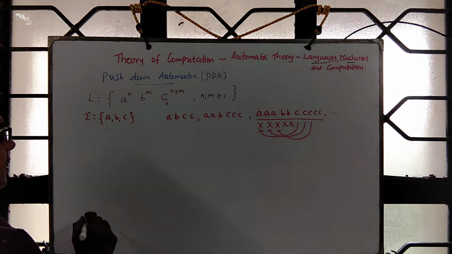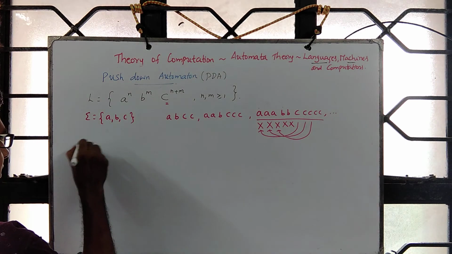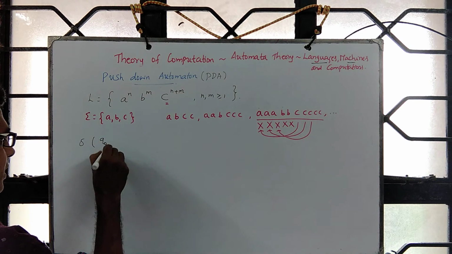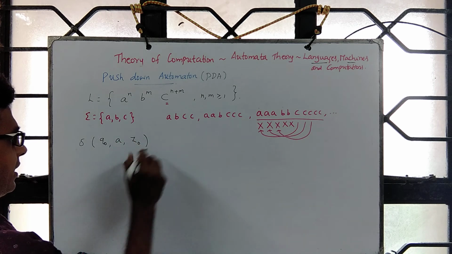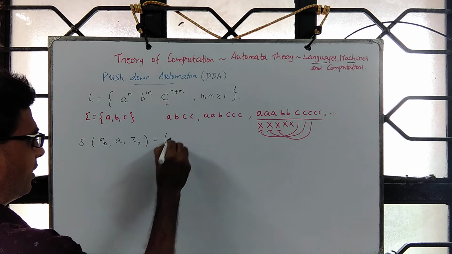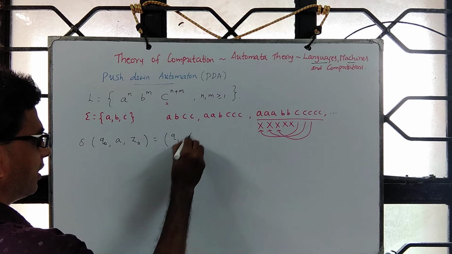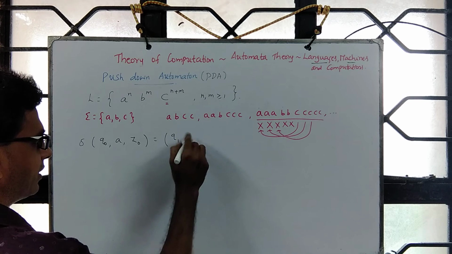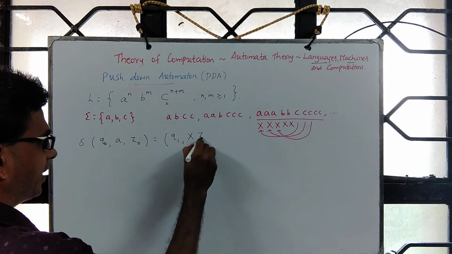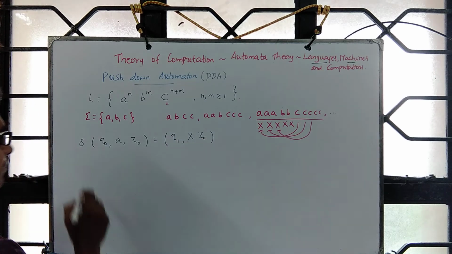Fine. And let's implement this design. Delta of Q0 comma A, start symbol is Z0. Then we go to Q1 and we push, in this case say X followed by Z0.